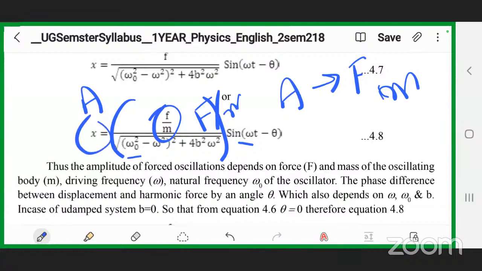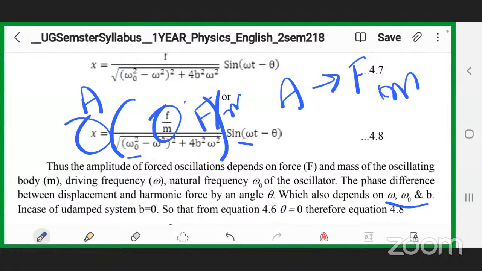The displacement of the forced oscillator depends upon the applied force, the mass of the oscillator, the driving frequency and the natural frequency. And the phase difference between the displacement and the harmonic force is given by the angle theta, which also depends on omega, omega naught and b.